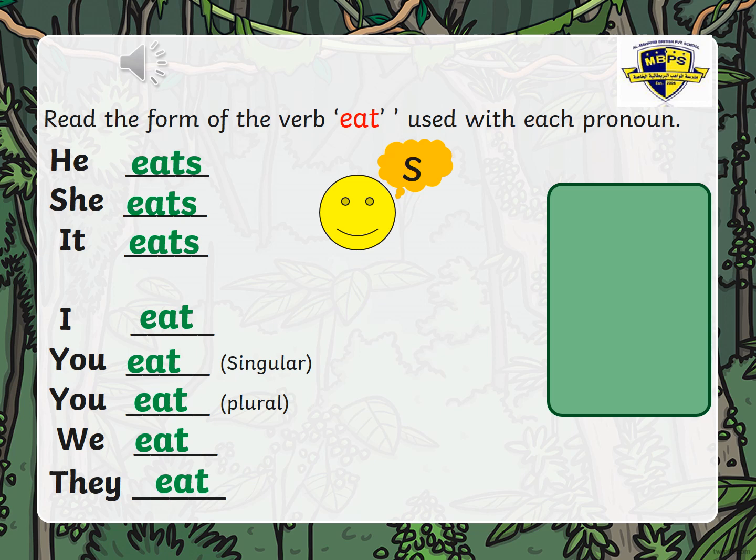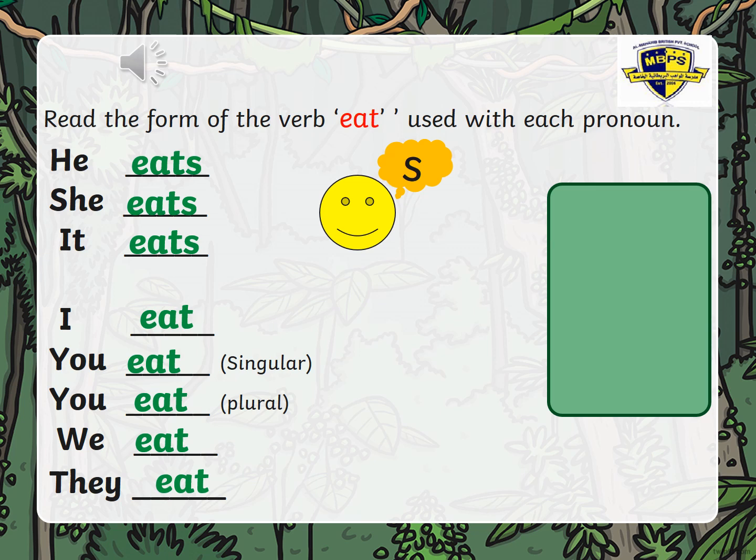Next one, I. With I, remember, we do not add S at the end of the verb. We say I eat, I run, I learn. Next one, you, also is same. We do not add S at the end.